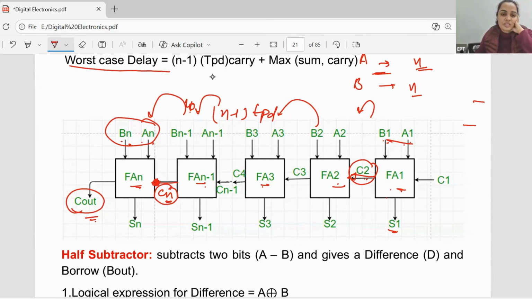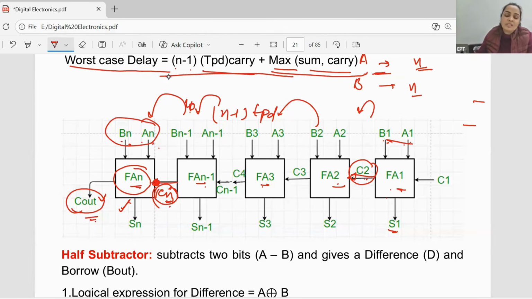So the worst case delay is written as n minus 1 times tpd carry, because the carry will be available after the n minus 1 tpd delay, plus the maximum of sum plus carry. Now this adder will perform the addition operation and it will generate the carry. So this is the delay provided by this last adder. Okay, so this is the worst delay.